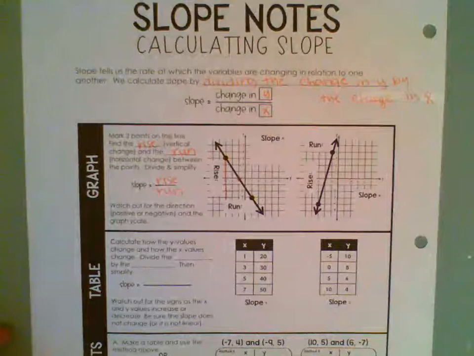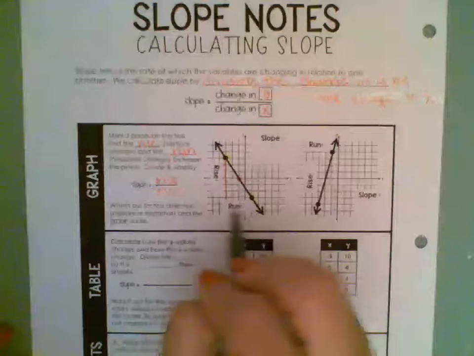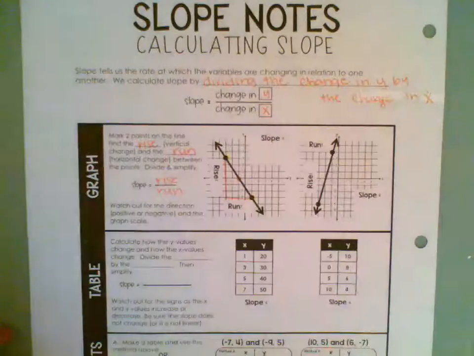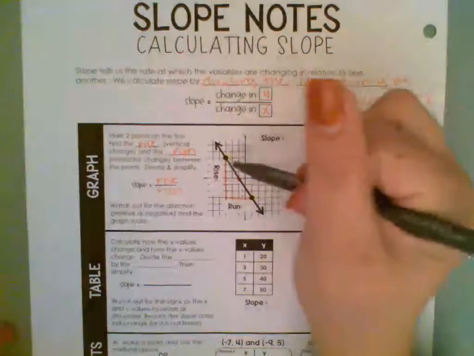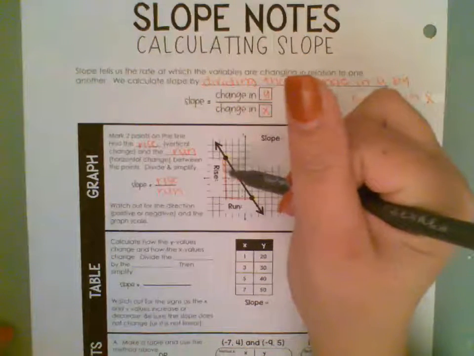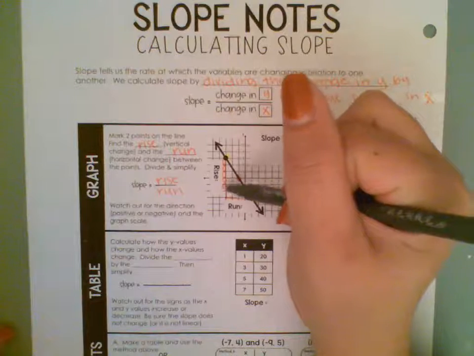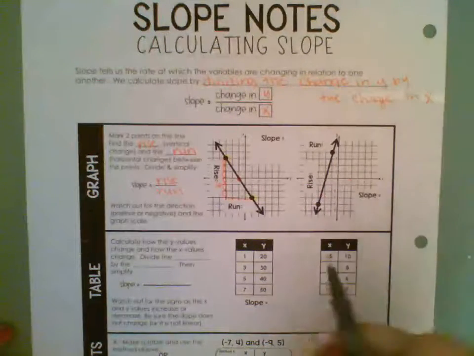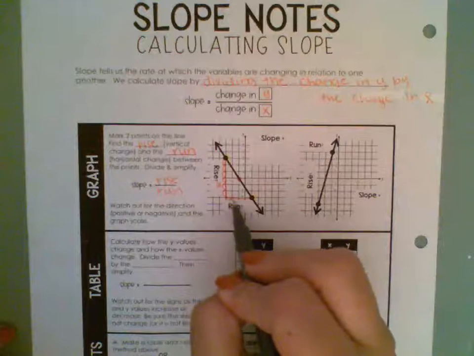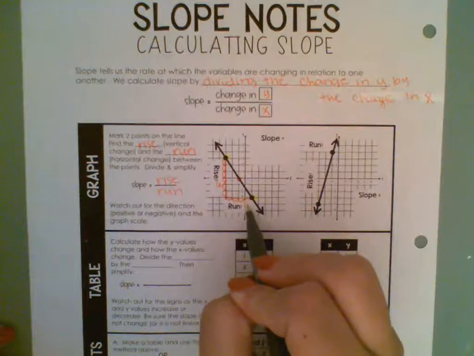I have to go down, and then I have to go to the right to get to the next point. So I have to go down how many? 1, 2, 3, 4, 5, 6. And I had to run 1, 2, 3, 4.